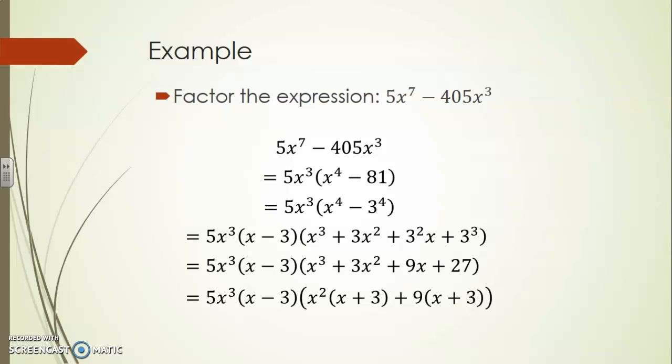The first pair of terms, x cubed plus 3x squared, have an x squared in common. The last pair of terms, 9x plus 27, have 9 in common. And that generates an x plus 3 that is shared by both of these pairs. X plus 3 can then be factored, leaving x squared plus 9.